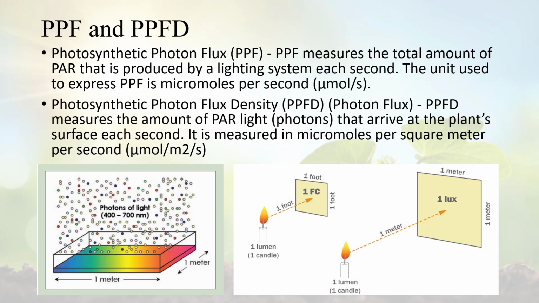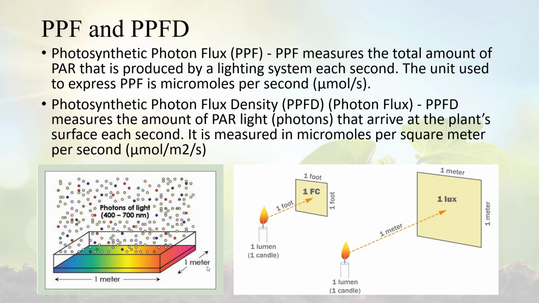Flux density is we're taking that amount of light that's being produced each second and we're measuring how much is landing on the surface of an object, right? So it's equivalent to when we talked about lux or foot candles, right? It's photons of light that are landing on a 1 meter by 1 meter surface. And that's how we measure it, right?